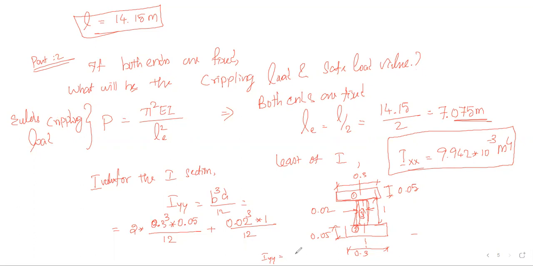So 2.257 into 10 to the power minus 4 meter power 4. So among them, which one is least? This is the least. So this value we are going to use.